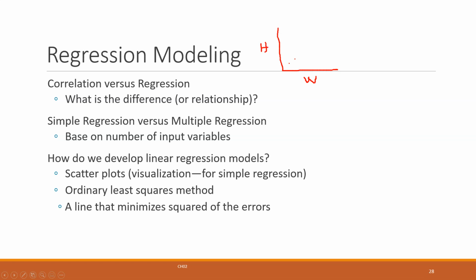And traditionally, we do see relationships between height and weight. It might look something like this, and we might see that if somebody weighs more, it correlates more with their height. So if they are tall, they're probably weighing more, and if they're shorter, they probably weigh less, right?